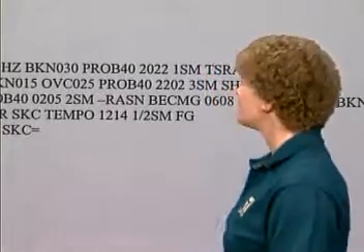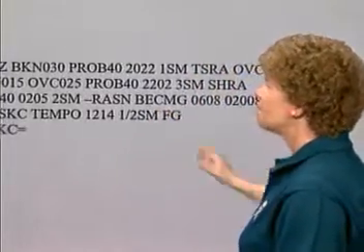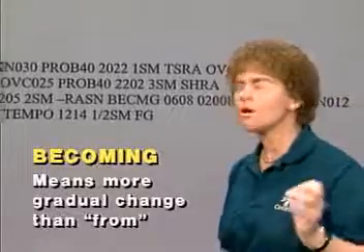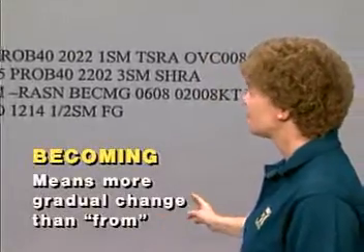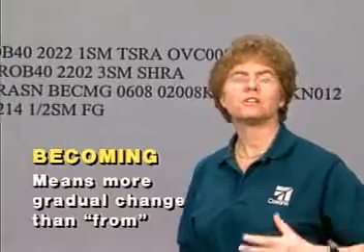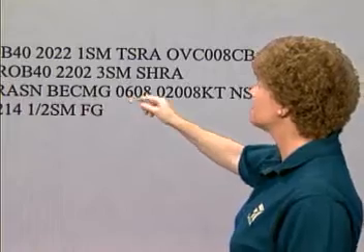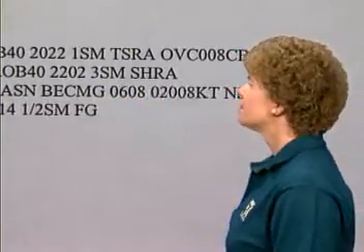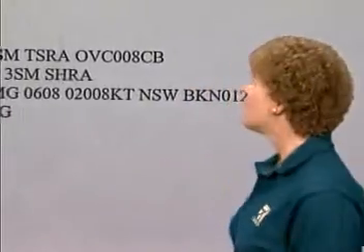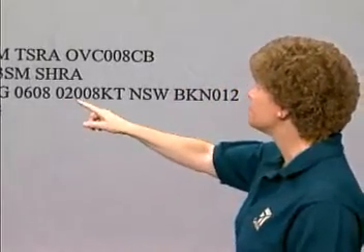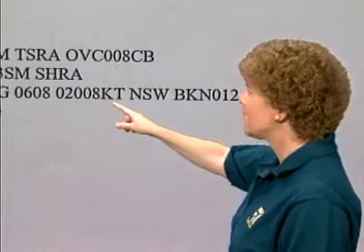Next we have a BECMG grouping. Now becoming means a more gradual change than FM. The weather is expected to slowly change between the 2 times given here, which will normally be a 2-hour time period. So between the hours of 0600 Zulu to 0800 Zulu, the weather will be becoming or gradually changing to a wind from 020 degrees at a velocity of 8 knots.